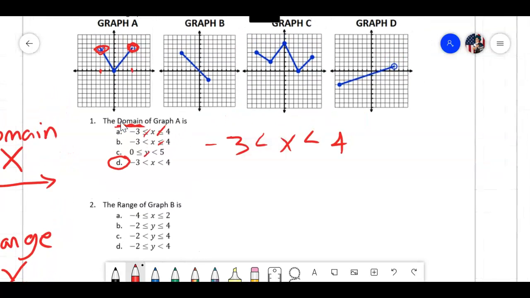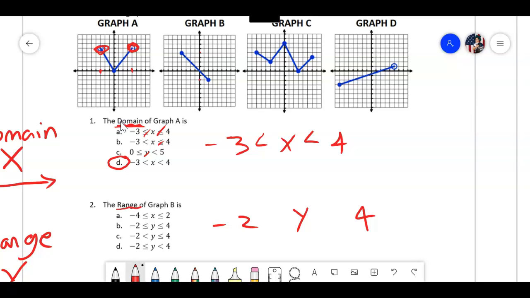Number 2, the range of graph B. So let's look at graph B. Remember, range is from bottom to top. So from bottom, right here at -2, to top, +4, okay? So again, from -2 up to +4. And since we're talking about range, we're talking about y values, okay?